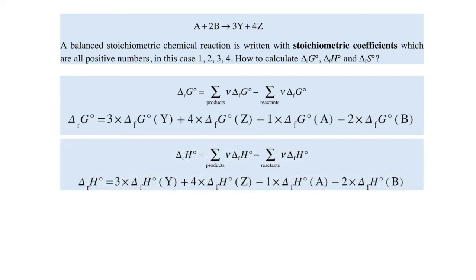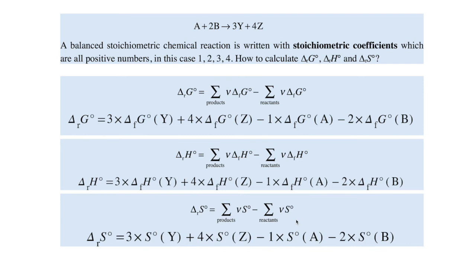A similar scheme is used for delta H. Sum up all the products, multiplying each delta H of formation by the appropriate stoichiometric coefficient. Sum up all the products and subtract off all the reactants. For delta S, it looks a little bit different.